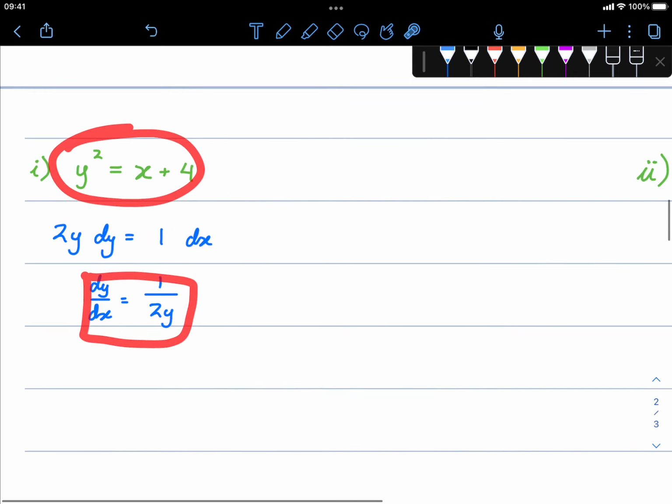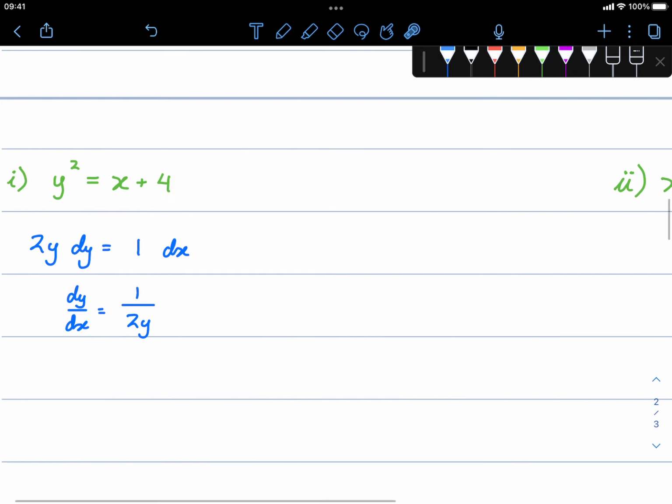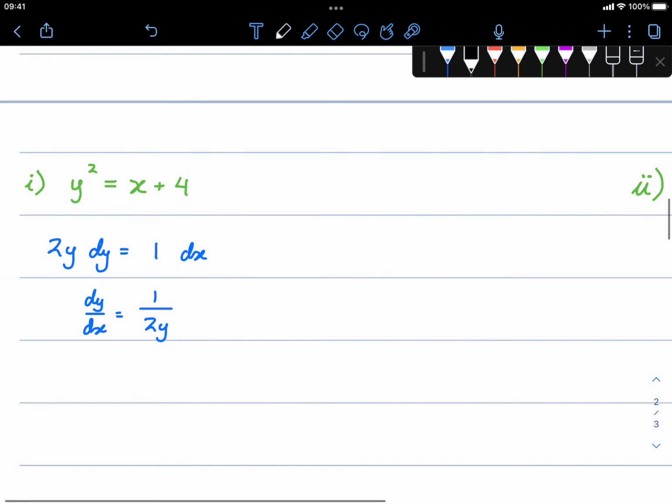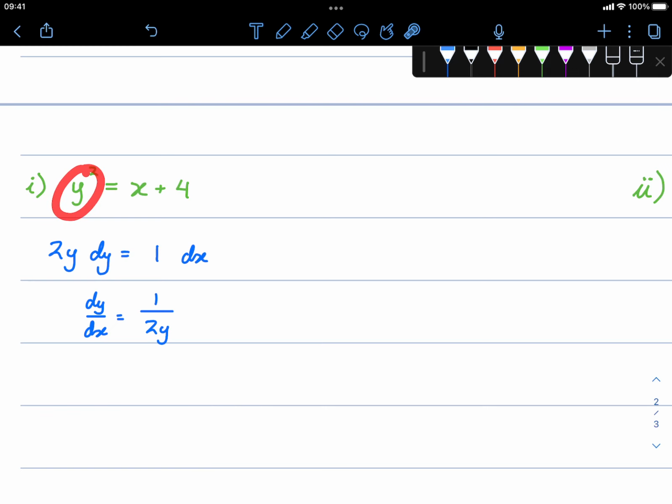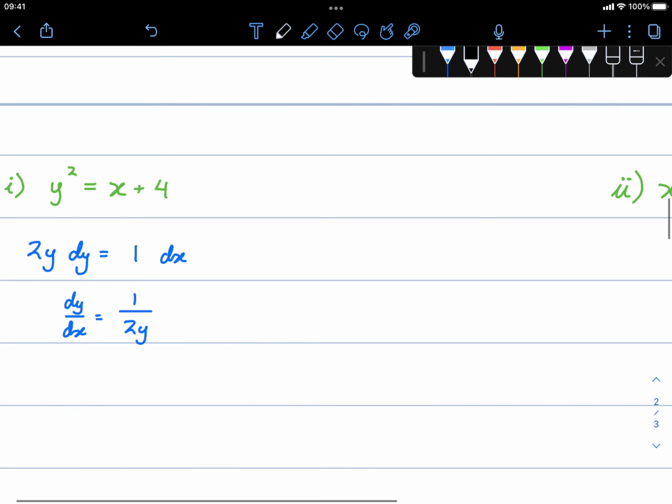Okay, now let's demonstrate the other way in which we can differentiate it. The other way is we think of y as a function of x. So this can be written as f of x squared equals x plus 4.